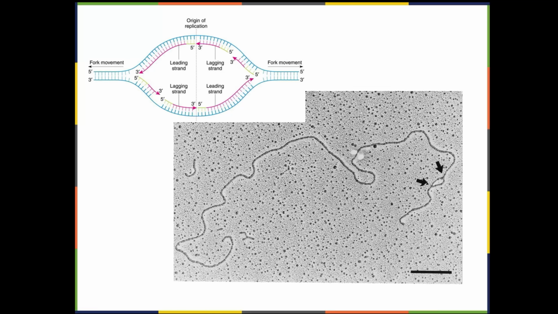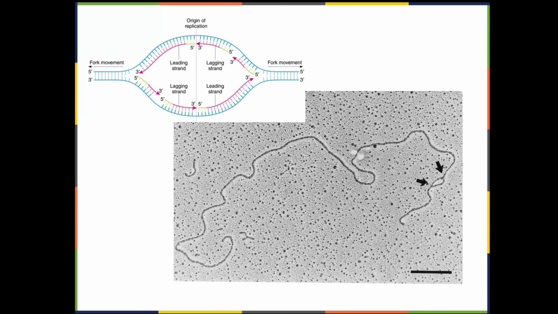Here on the bottom right, you can see an image of a strand of chromatin undergoing replication. The arrows indicate what's known as a replication bubble. At certain points in the strand of DNA, an enzyme known as helicase begins to separate one strand from the other. As it does so, the enzyme moves outward and creates a bubble.